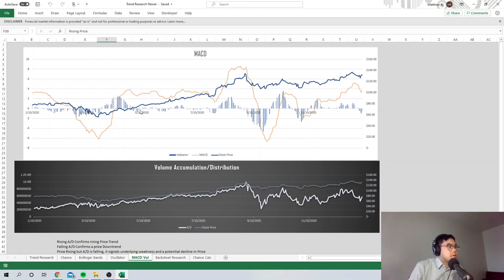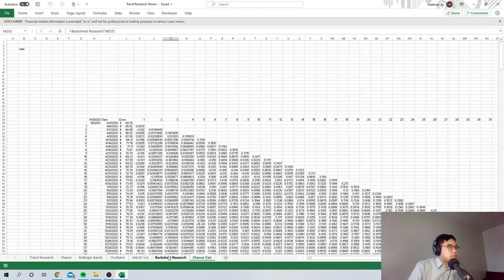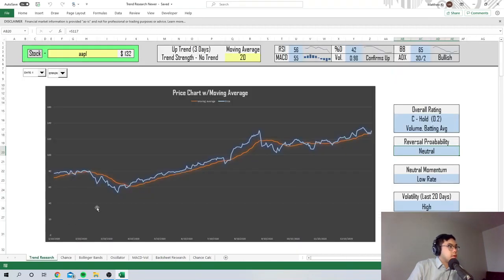Below 0, it's negative momentum. And volume, it's basically looking at the close price relative to the opening and closing, and it'll add when it's higher and subtract when it's lower, basically. And these are just calculations. So that's the whole thing in a nutshell.